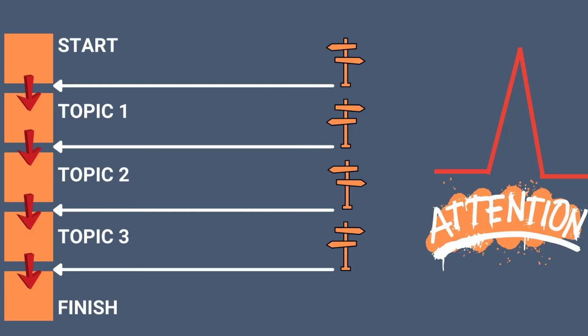So a very good structure is basically the start and then topic 1, topic 2, topic 3, finish presentation. It's a simple structure, but it's very effective. So what's signposting? Well, at the end of every part of this structure, you give a verbal signpost.